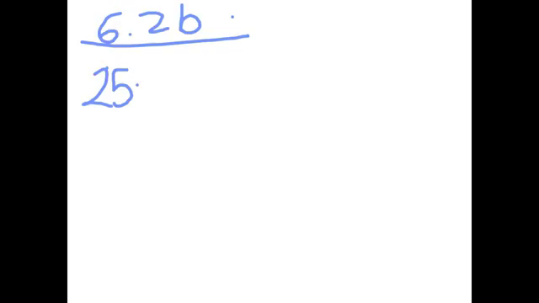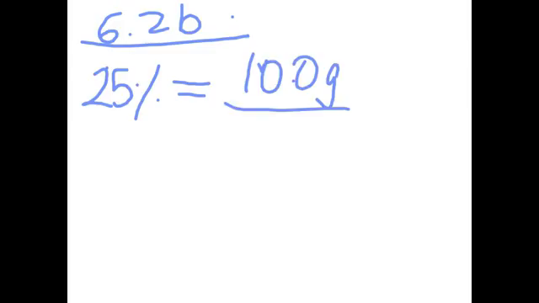The final concentration is given as 25%, correct? And that is equal to, what are we trying to find? The volume. So what's the mass of the solid on the top? 10.0 grams divided by X, times, don't forget, times 100.